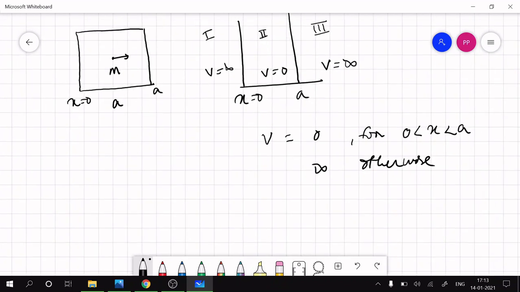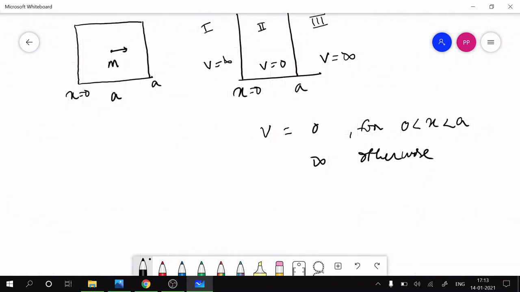To solve this, we have to write the Schrodinger equation in all three regions.